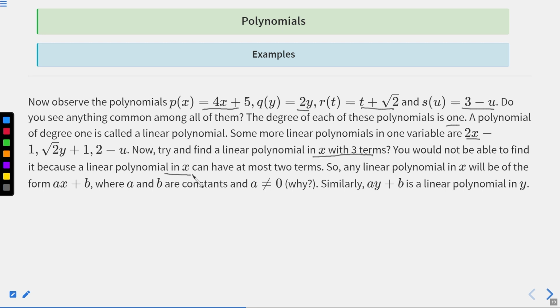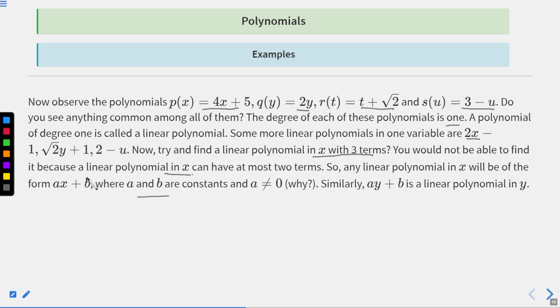Any linear polynomial in the variable x will always be of the form ax plus b, where a and b are constants and a does not equal 0. Why? Because in this form we have 2 terms only, ax and b, and a linear polynomial in x can have at most 2 terms.